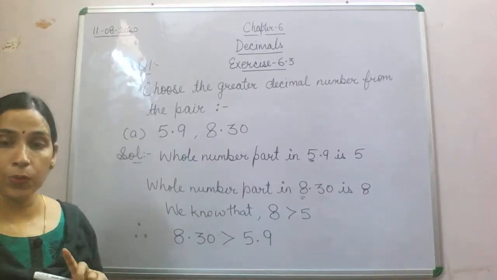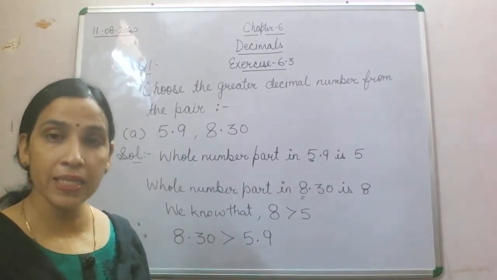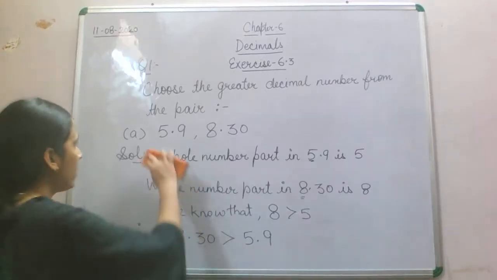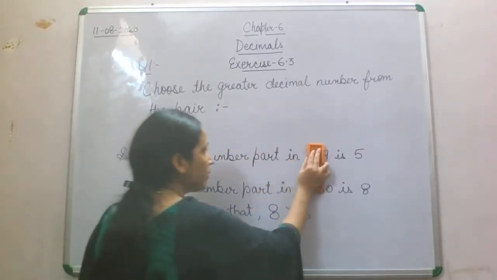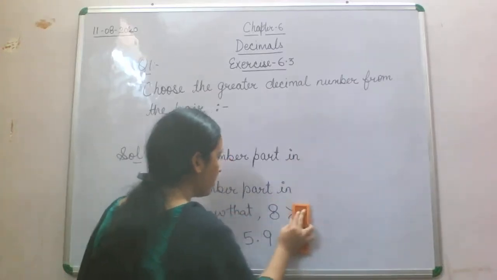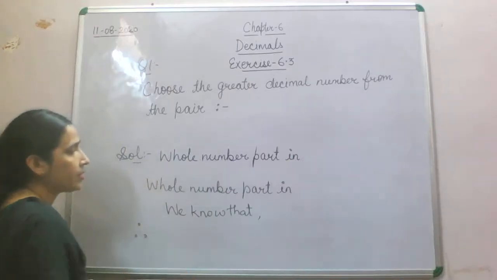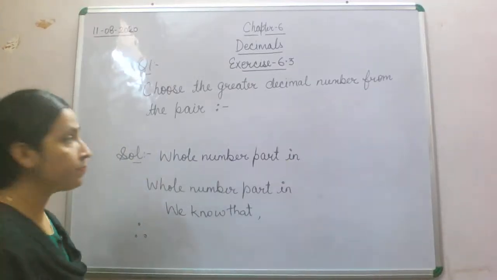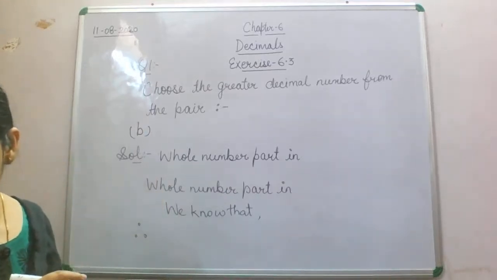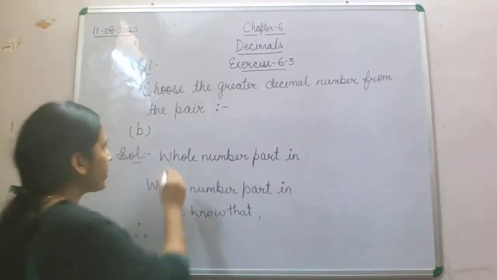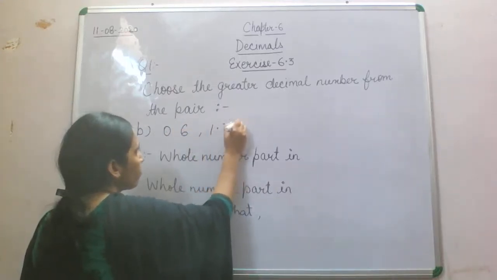Now we'll start with the B part, which is again a comparison of the whole number part. Let's see how we will do it. B part is 0.6 and 1.34.